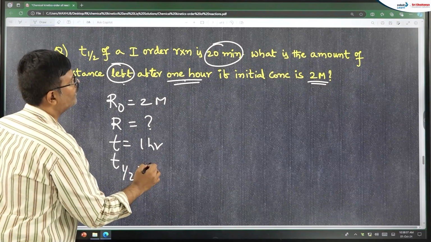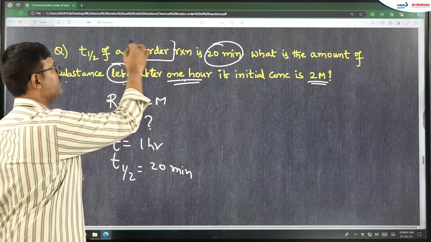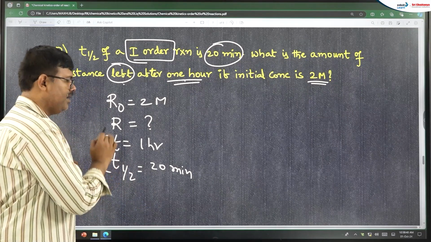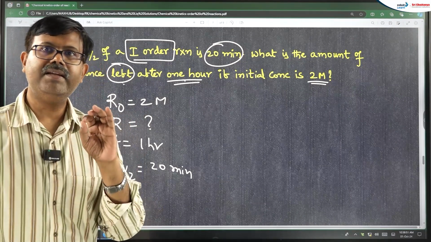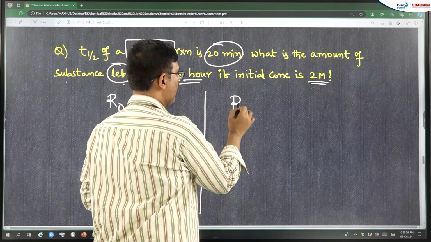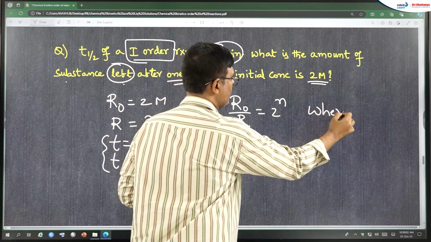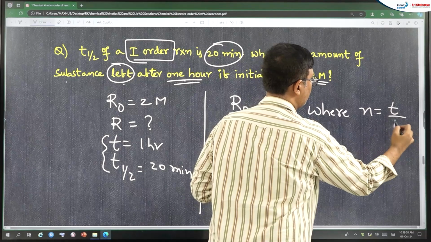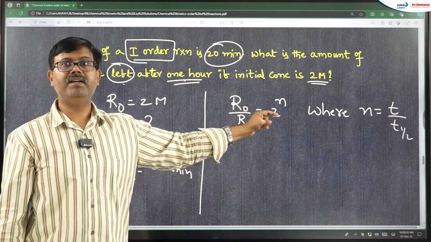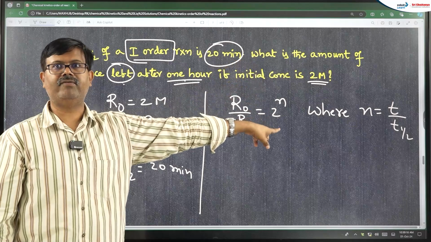Now remember, when you are dealing with a first order reaction and t and t half are both given to you, then the easy, simple formula to get the answer quickly is R naught by R is equal to 2 power n, where n is equal to t by t half. When t and t half are given in the question, begin with this formula. It will save you a lot of time. Instead of going to the logarithm formula, start from here.